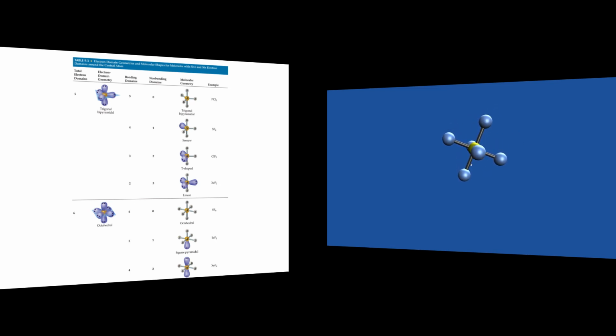Now the question still remains, though, what would happen if some of these domains were non-bonding? So if I replaced some of these bonding domains with an electron pair. The answer there is really that in the first case, it doesn't matter because all of these domains are exactly symmetrically equivalent. You could take any particular one of them and replace it with a non-bonding domain.